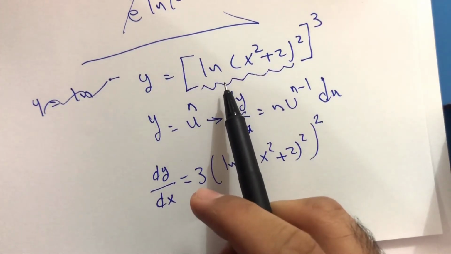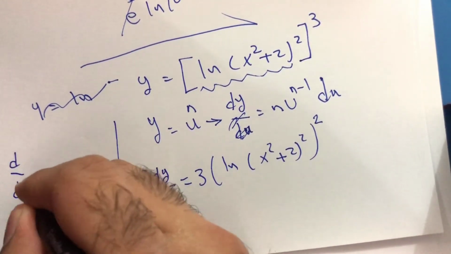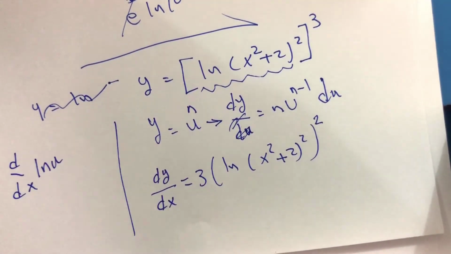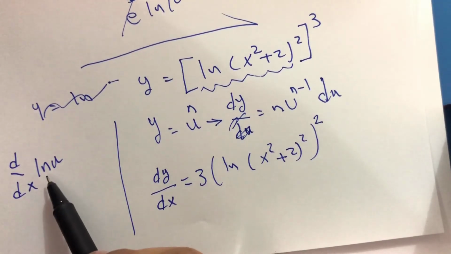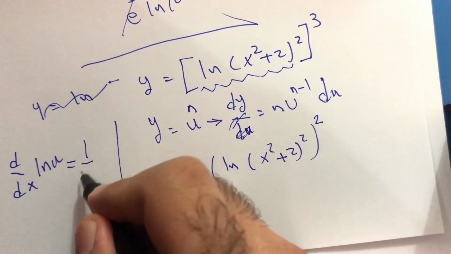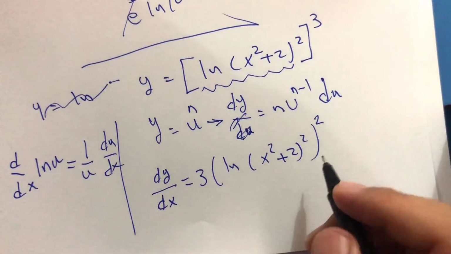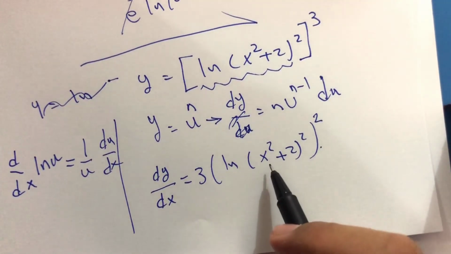Now the derivative of ln, we have the law d by dx of ln u. If I want to find the derivative of the natural logarithm, it will be 1 over u multiplied by du by dx. In this way I can differentiate it.